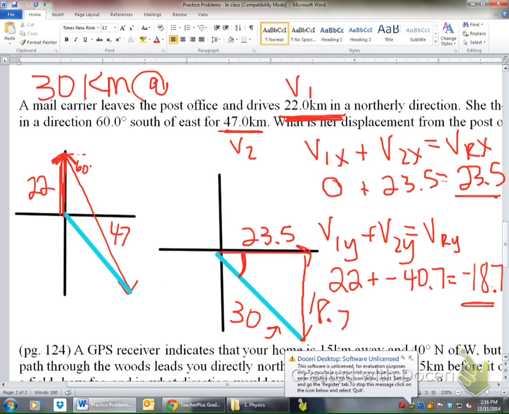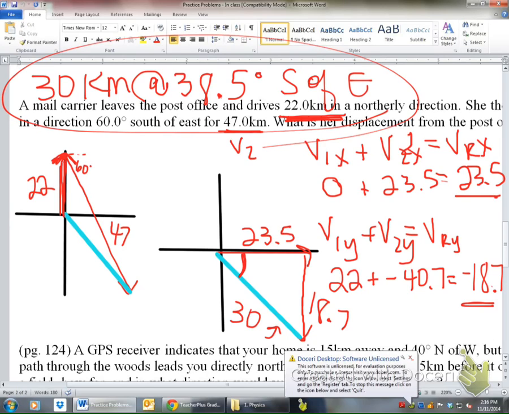Whenever you want to find an angle, you have to use the second button, so you're using inverse tangent. What angle did you get? 38.5 degrees. South of east, exactly. That's it. You did it.